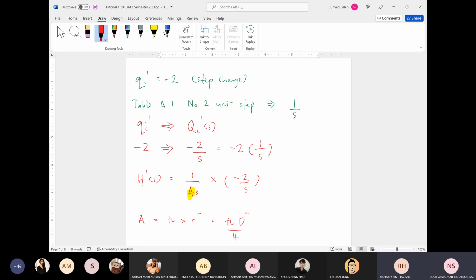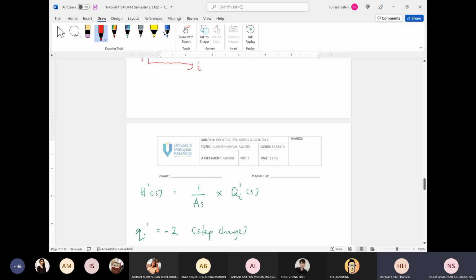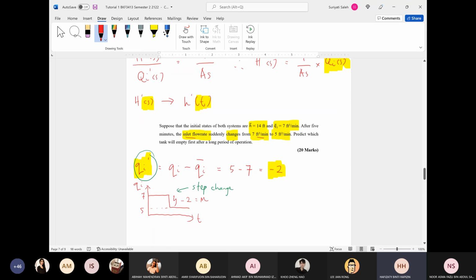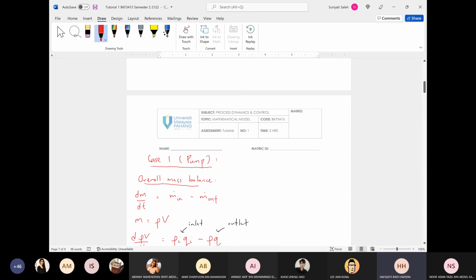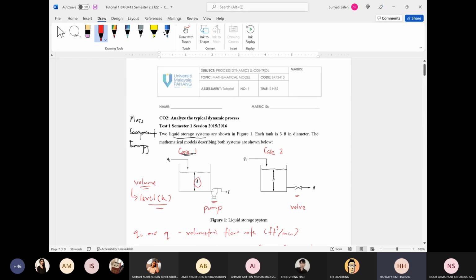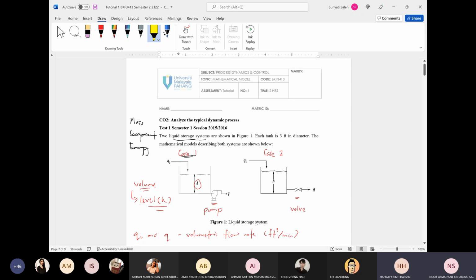You can use either one depending on your information. Here the diameter has been given. If we refer back to the question, it indicates that each tank has 3 feet in diameter. So we have the information of the diameter.